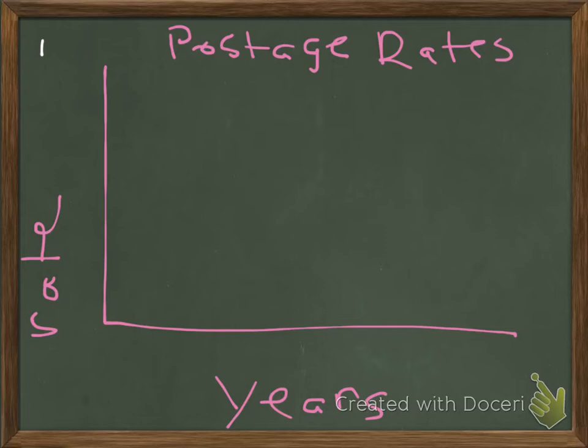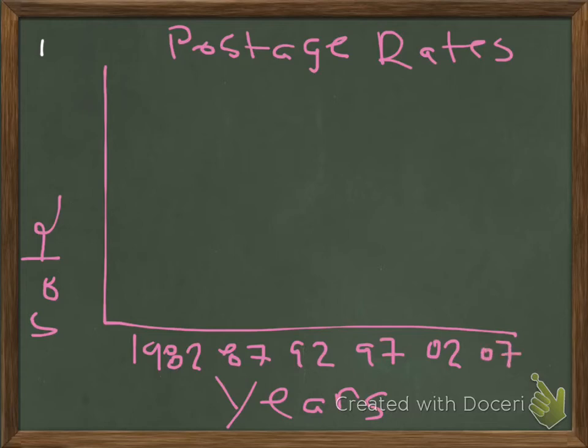So you can do your same thing, 1982, 87, 92, 97, 2002, 2007, and 2009. And that would include all your years.